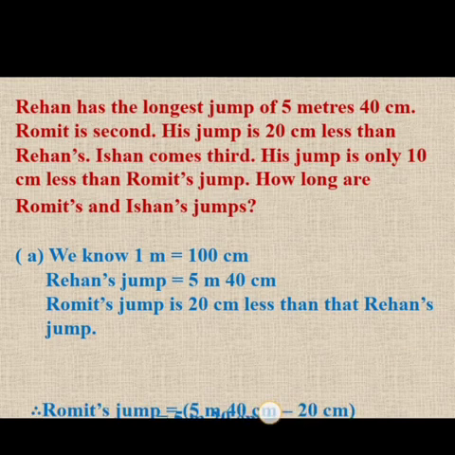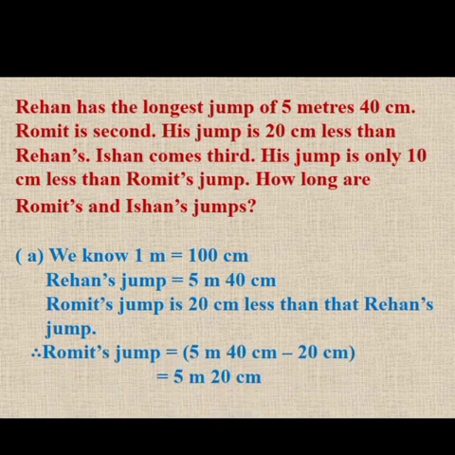So Romit's jump is equal to 5 meter 40 centimeter minus 20 centimeter. If you subtract 20 from 5 meter 40 centimeter, you will get 5 meter 20 centimeter. That means Romit's jump is 5 meter 20 centimeter long.